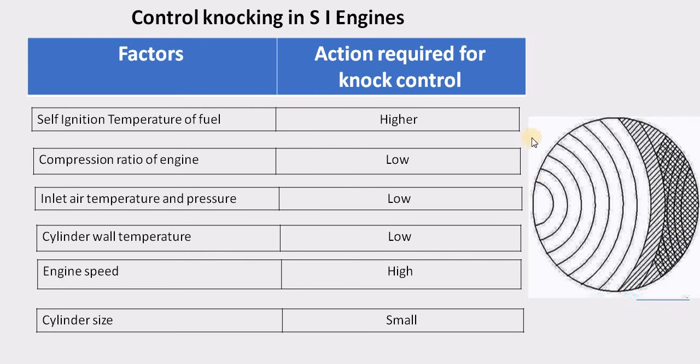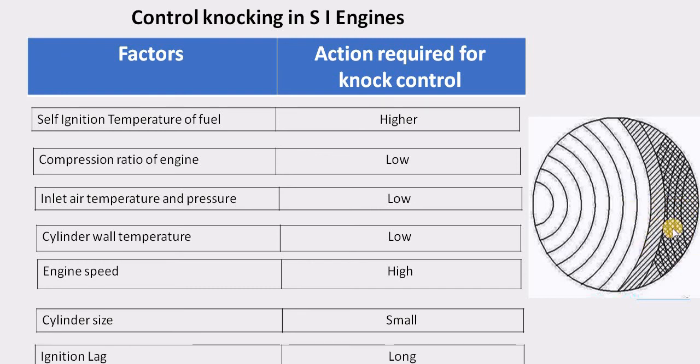Cylinder size, if it is smaller, the flame is not going to travel a longer distance, because if we allow it to travel a longer distance, it goes on compressing the end mixture, and the more it compresses, the more heat is in the end mixture, and the probability of reaching its self-ignition temperature will be higher. Therefore if the size is smaller, we have a lower probability of knocking in SI engines.